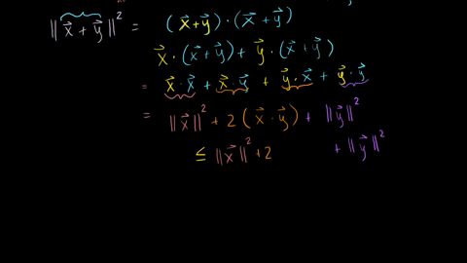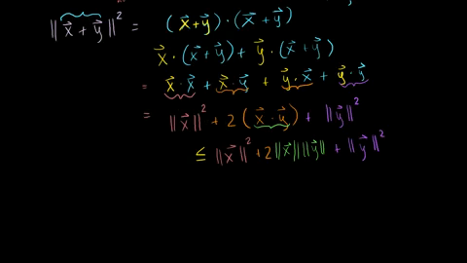So I'm just replacing this with the product of their two lengths, the length of x times the length of y. And since this is the same as that, this whole term has to be less than this whole term.